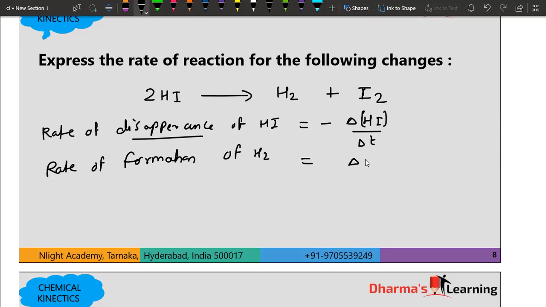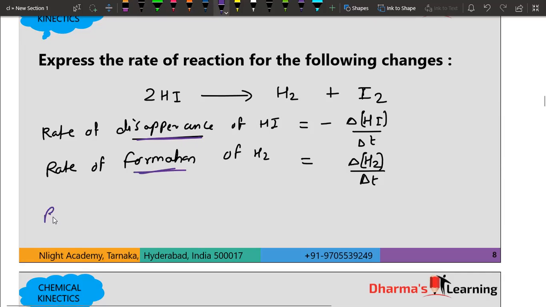Change in concentration of hydrogen divided by change in time. One very important point: I'm not representing the stoichiometric coefficient here. Why? Because we are only writing the rate of a particular reactant or a particular product. This is not the average rate. It is the rate with respect to a particular reactant or particular product.